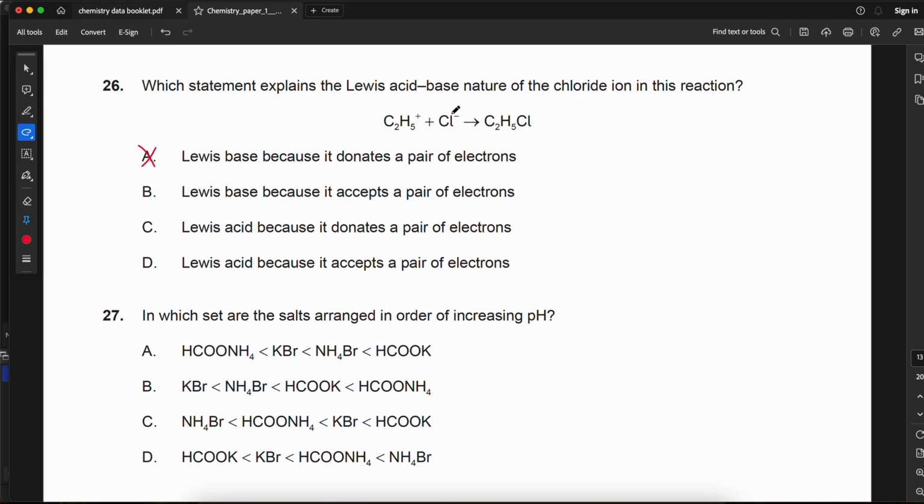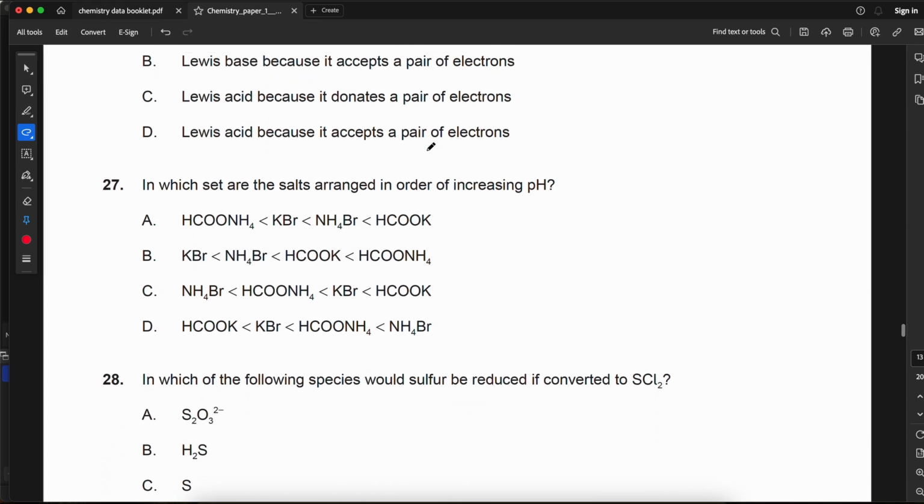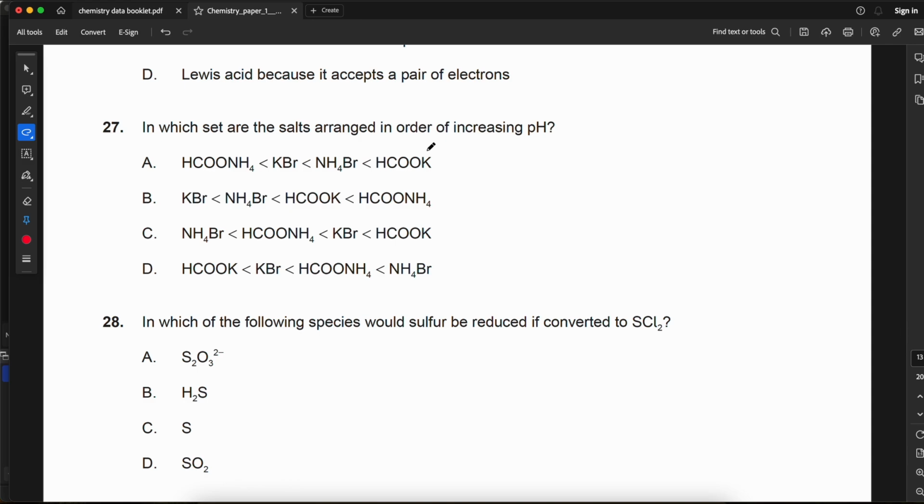Okay, so number 27. In which set are the salts arranged in order of increasing pH? Okay, so we have HCOONH4, KBr, NH4Br, and HCOOK. HCOONH4 is formed by HCOOH, so it's slightly acidic.